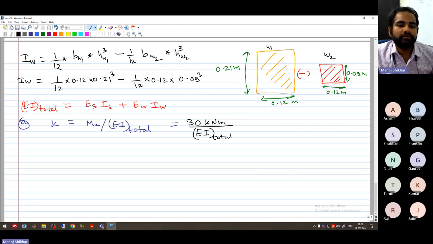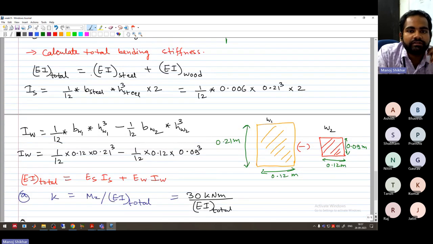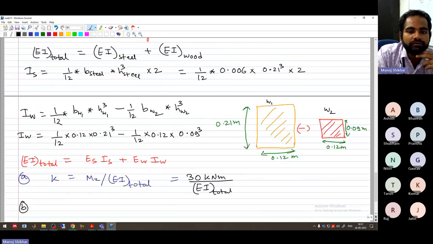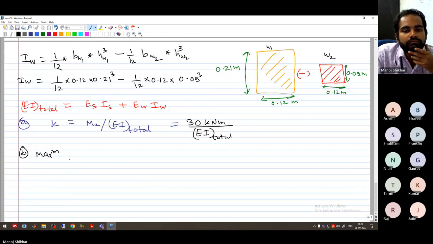Now they want to know what is the value of maximum bending stress induced in steel, in wood. So maximum bending stress induced in wood.